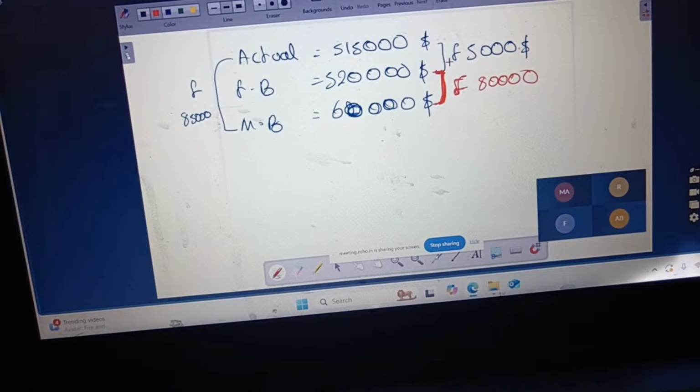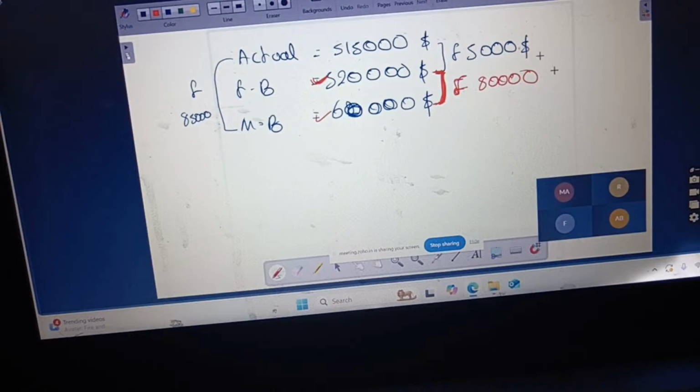In master budget, the cost is higher, that's why operating income is lesser. So what should have been the actual cost? Under flexible budget, it should have been the actual cost. But we planned for 600,000, which is 80,000 more. So obviously we are getting a favorable cost of $80,000.